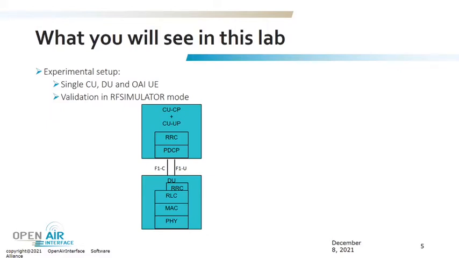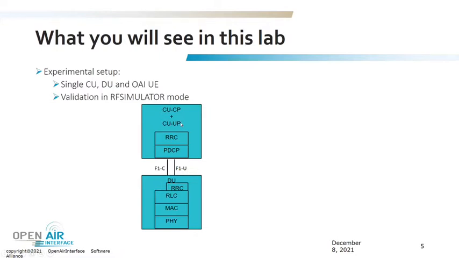A bit more information. As I said before, the current experimental setup that you are going to be seeing consists of a single CU and a single DU entity talking with an OpenAirInterface UE. The validation that we're going to show is done in RF simulator mode. Here, the CU entity incorporates both the control plane and the user plane in our current implementation status.